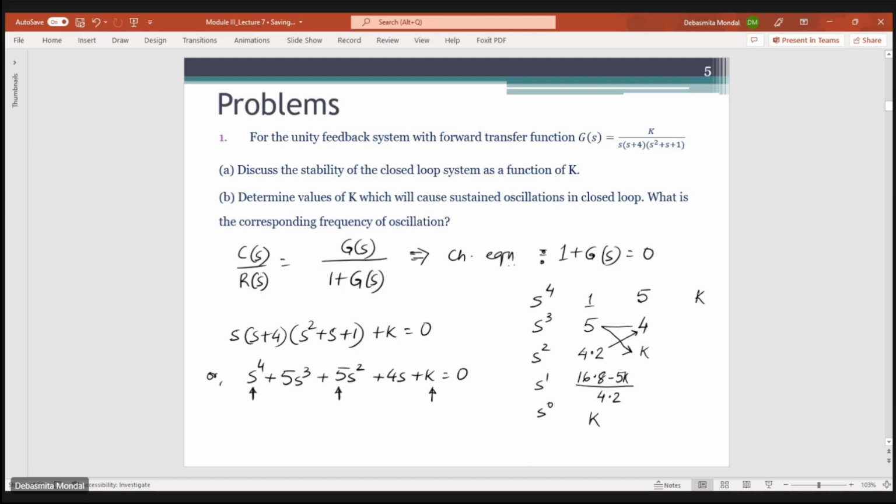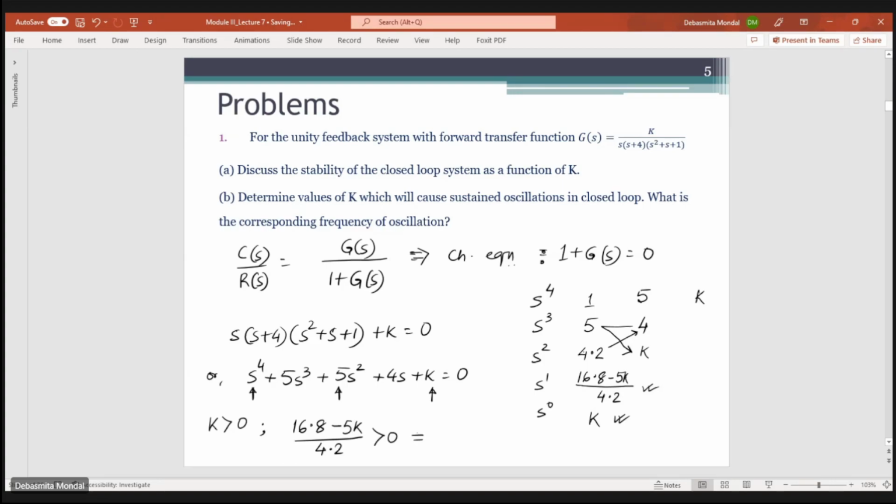Now if you want your system to be stable, the condition is that there should not be any sign change in the first column. In order to satisfy that criteria, these two terms should be greater than 0. So the criteria now becomes K should be greater than 0, and another criteria is that (16.8 minus 5K) by 4.2 should be greater than 0, right?